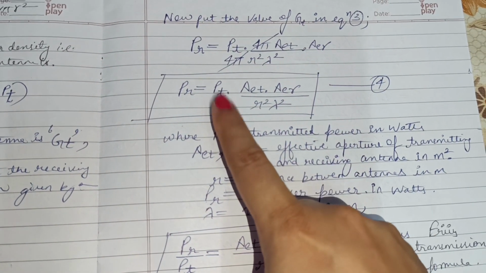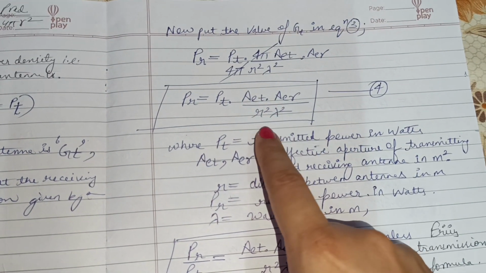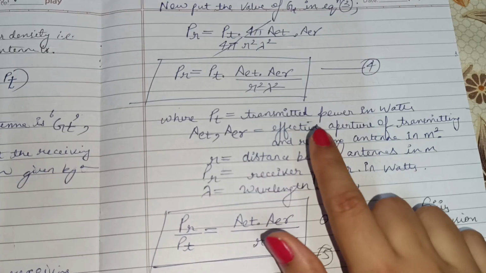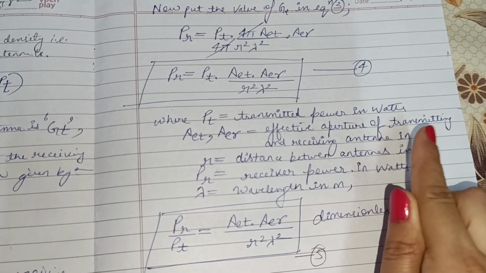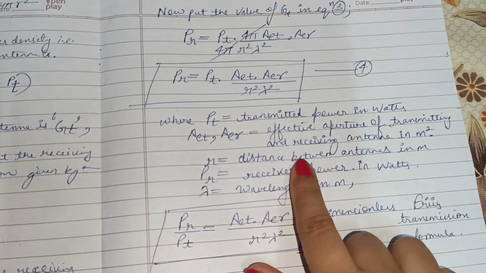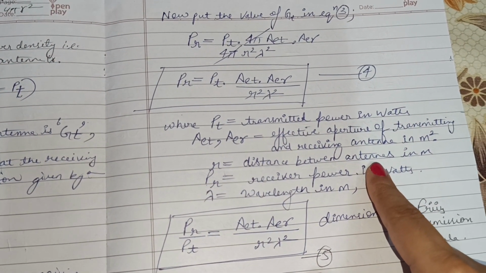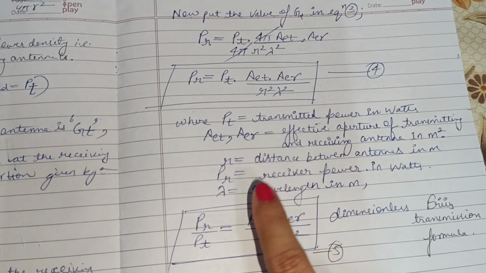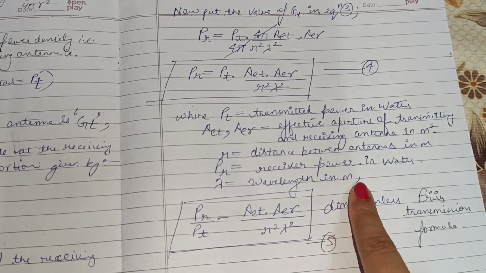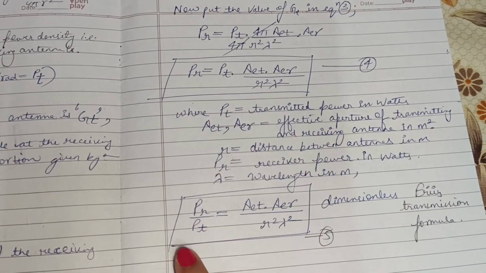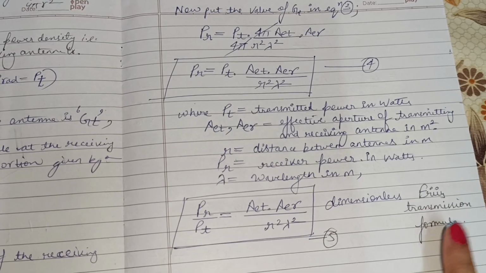So it is PR equals PT AET AER divided by r square lambda square, where PT is the transmitted power in watts, AET and AER are the effective apertures of the transmitting and receiving antennas respectively, r is the distance between antennas given in meters, PR is the received power and lambda is the wavelength. If you calculate the ratio, it is dimensionless. This is known as the Friis transmission formula.